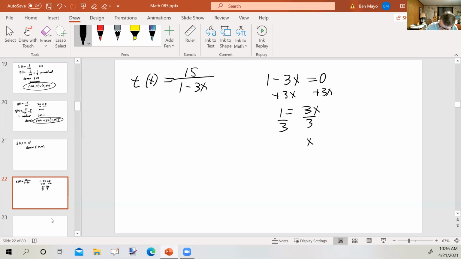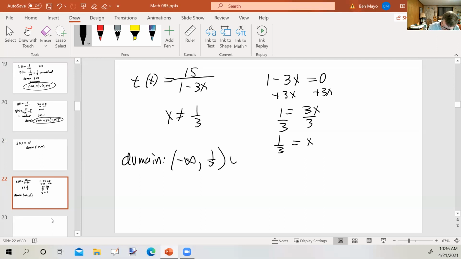If we divide by 3, we get x equals 1/3. So we don't want x to equal 1/3. So the domain would be from negative infinity up to 1/3, not including it, in union with beyond 1/3 up to positive infinity.